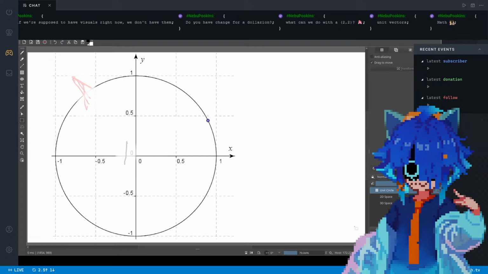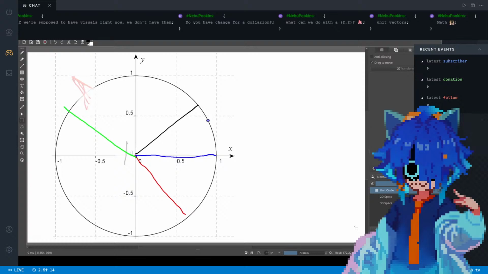Well, we've seen that a unit vector falls along a circle of distance 1 from the origin. So all the unit vectors fall along a circle with distance 1 from the origin. So this is a unit vector. This is a unit vector. This is a unit vector. And we're going to talk about this blue unit vector in particular for a moment.